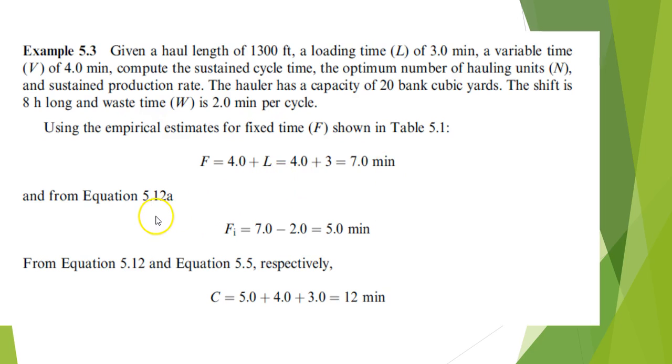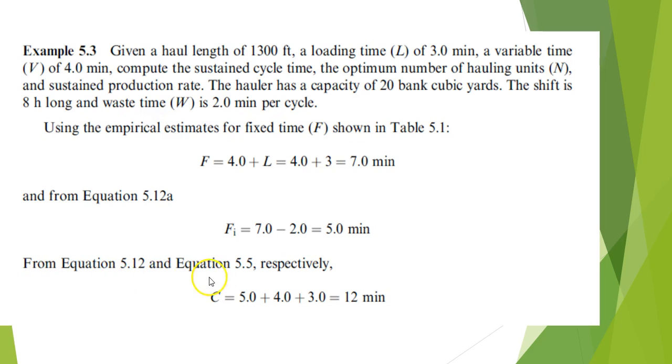Then if you go to equation 5.12a, which gives you that instantaneous fixed time, Fi is 7 minutes minus 2, which is the waste time per cycle. It gives you 5 minutes. So 7 comes from the equations in table 5.1, and 2 is that waste time. 5 minutes is the instantaneous fixed time.